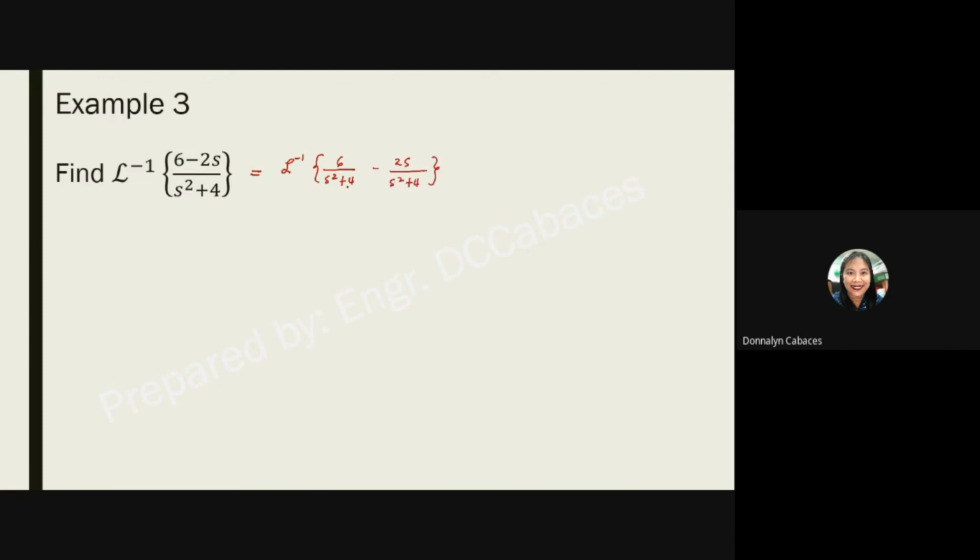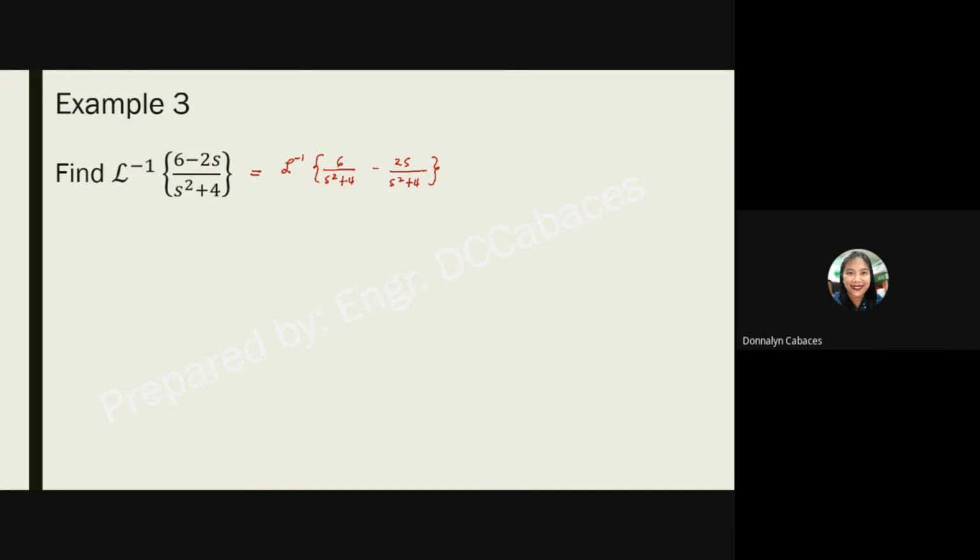So you see here that there is s squared plus 4. Similar to our previous example, s squared plus 4 relates to sine or cosine, but the numerator is a numerical value, so you are to relate it to sine.